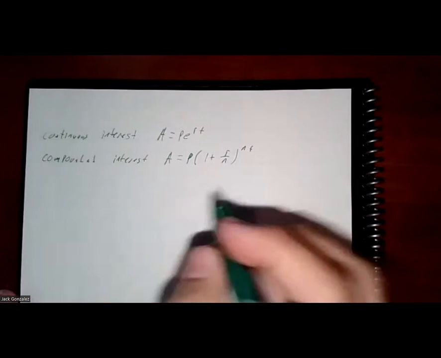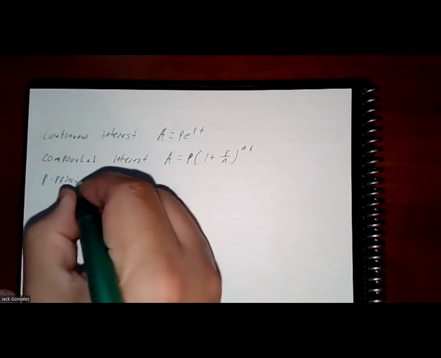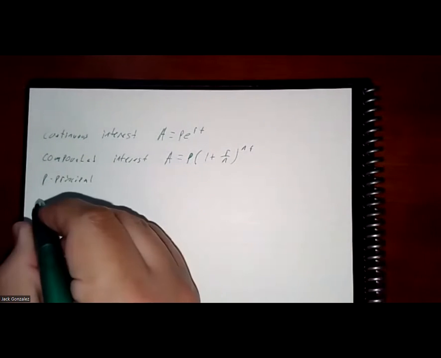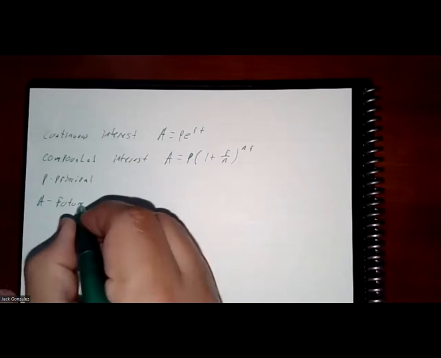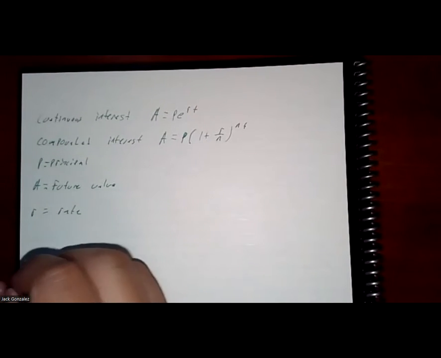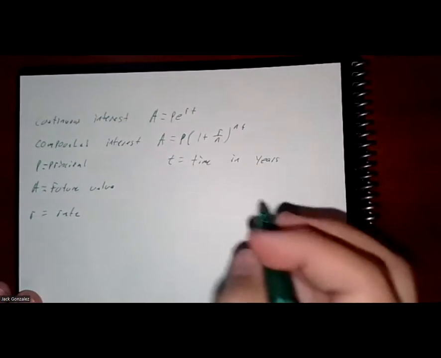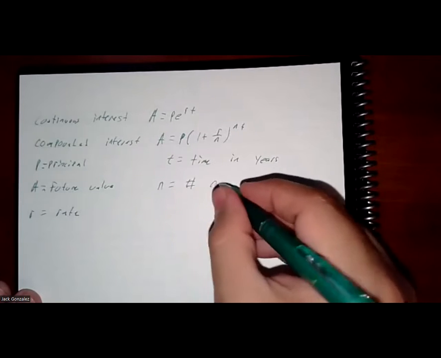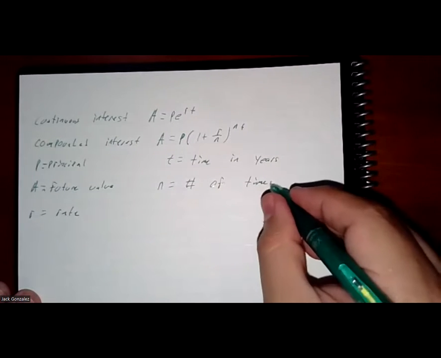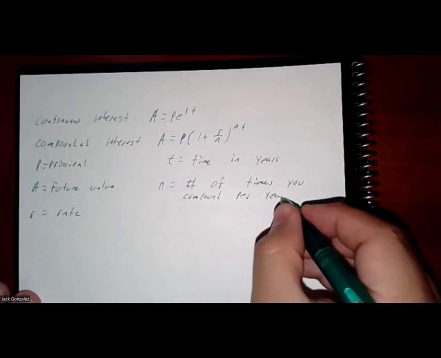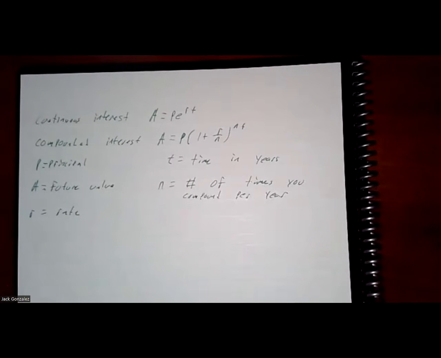P is the principal, A is the future value, r is the rate, t is time in years, always in years, and n is the number of times you compound per year. I believe that's everything. e is the natural number. It's just a number.